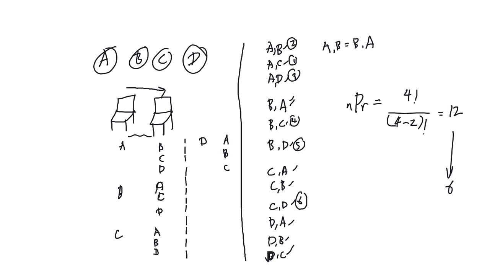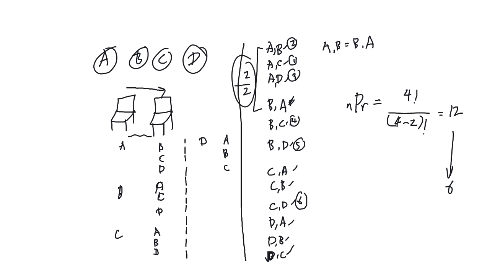So we can consider these 2 as the same. So instead of 2, they now become only 1 arrangement. So we divide by 2.